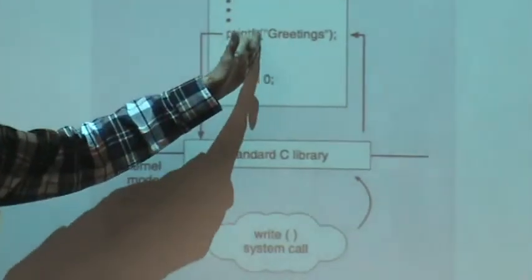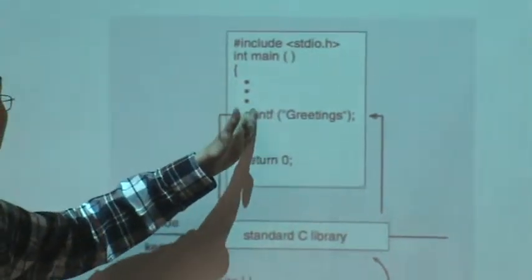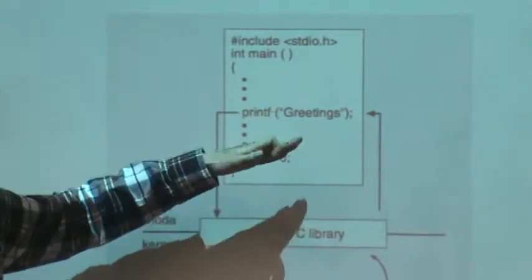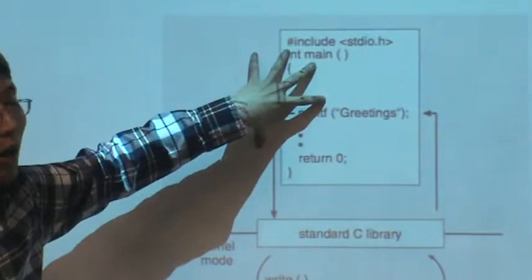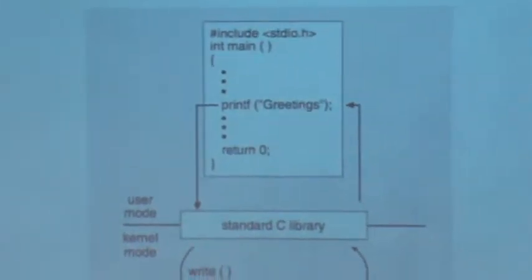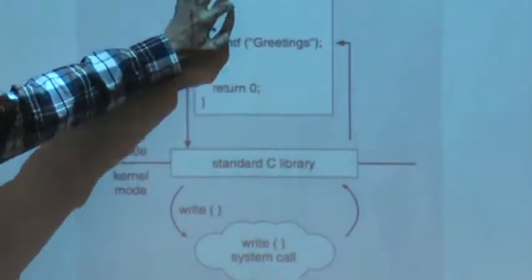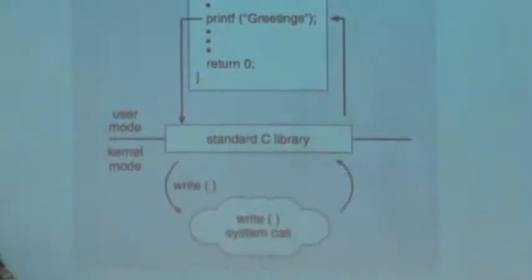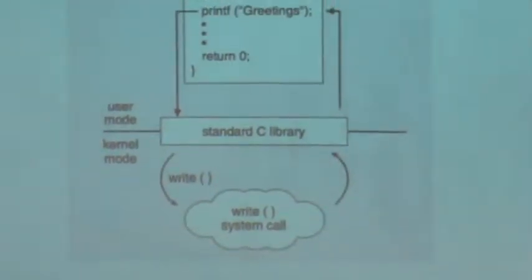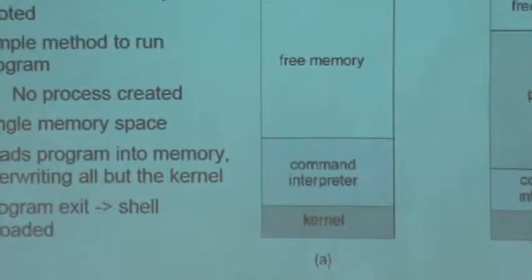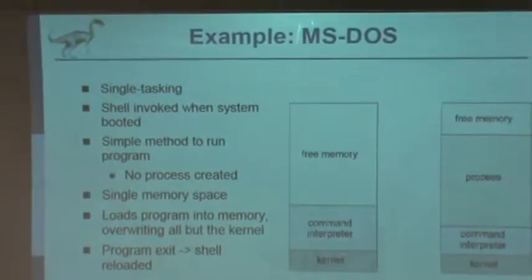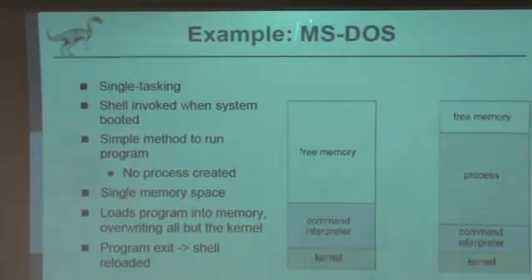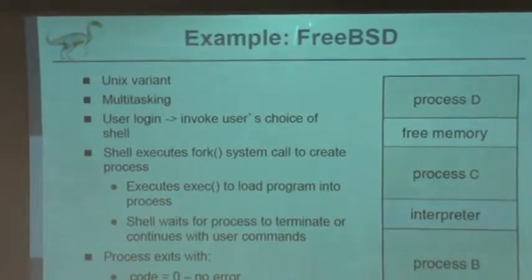But printf is an API function in the C language, not a system call. Mostly you are familiar with this one because this is a little bit low-level programming. I'm not going to explain the details, but this part you understand.